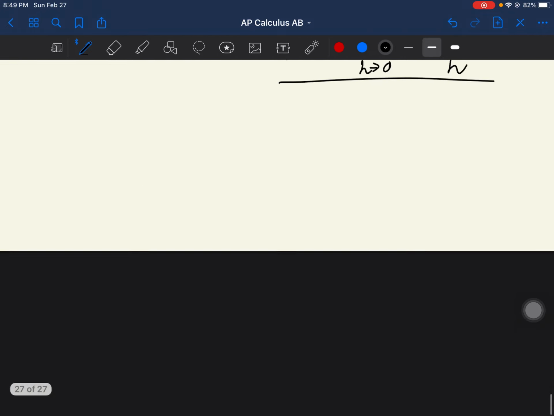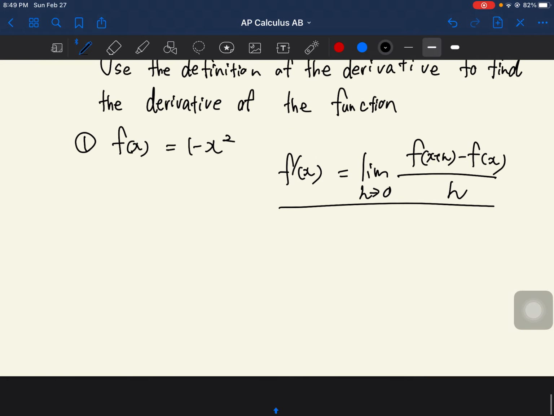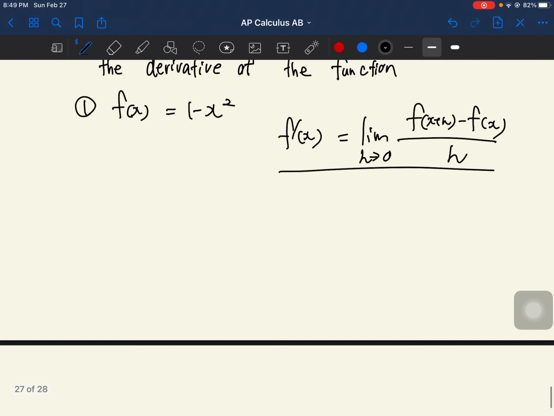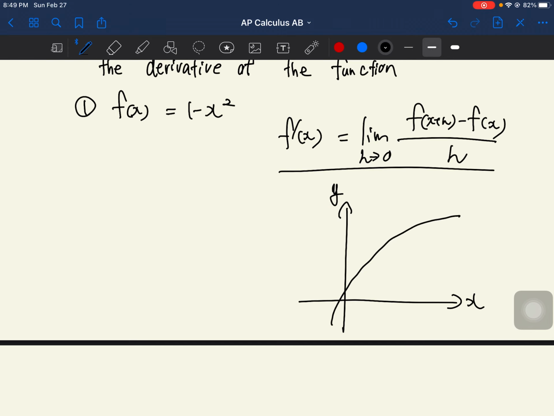Do you know what it means? Let me just sketch the graph to let you understand the meaning of this one. It actually shows the slope of the point. For example, if you have the graph like this, and let's say this point is x, and this one is f of x.